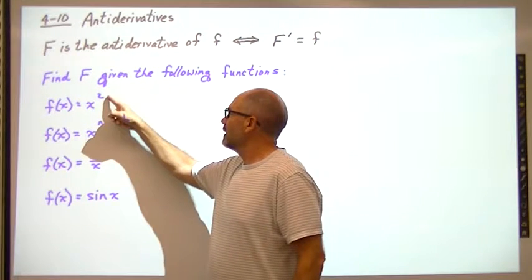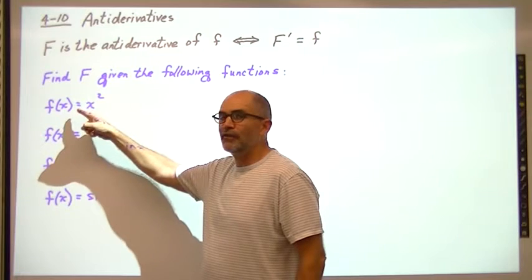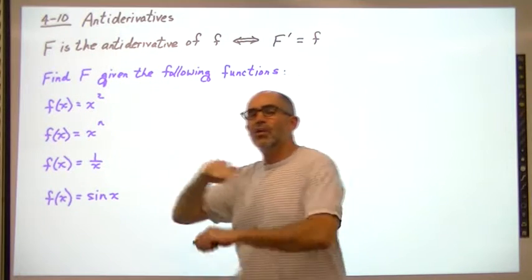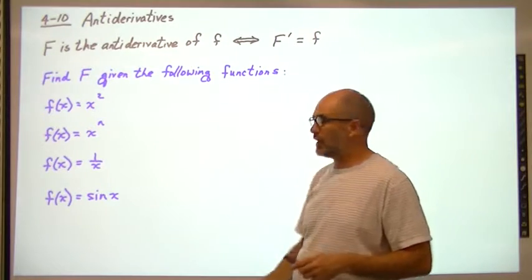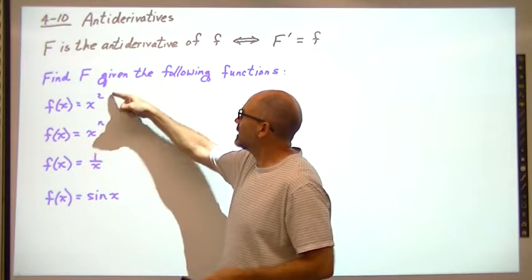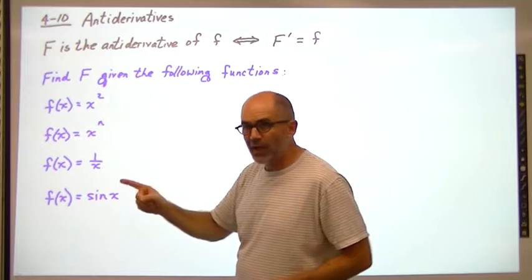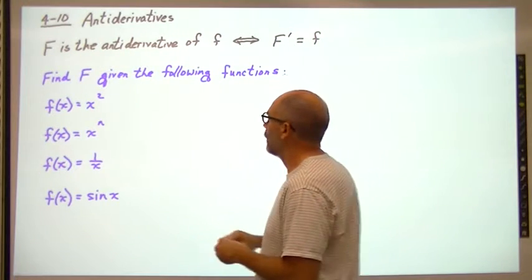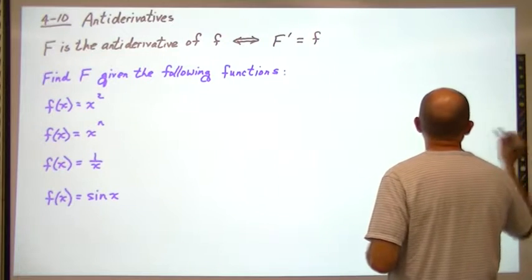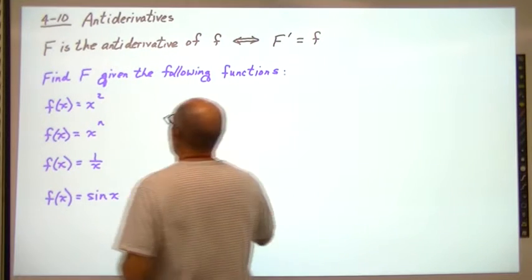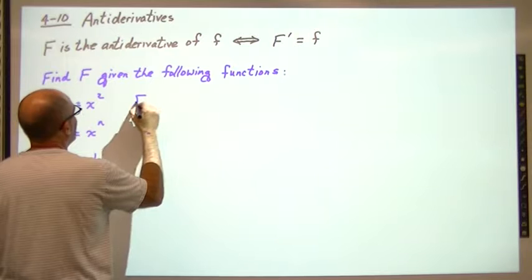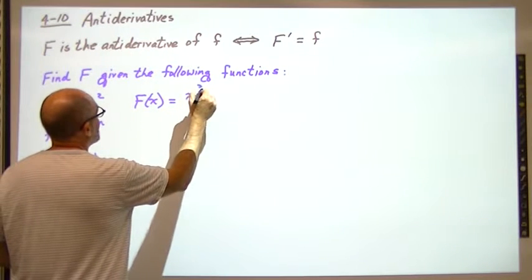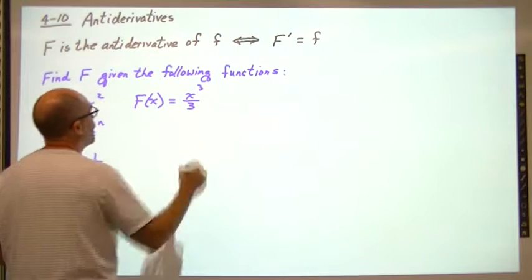You take the exponent and put it down in front and then drop it by 1. So we're going to go the opposite direction. We're going to increase the exponent by 1 and then we're going to divide by that number. Okay, so let's do this. So F of x, capital F of x, would equal x to the third over 3.